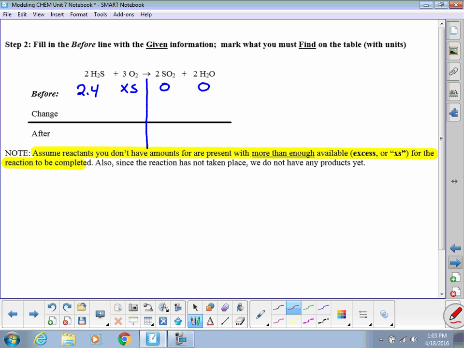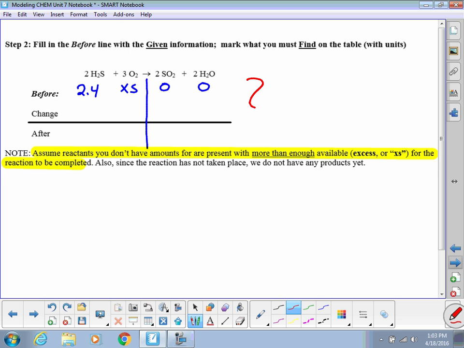And so I've put that number into my table, and it doesn't say anything about the oxygen. Well, this reaction won't work if there's not oxygen present, so therefore we assume that we have an excess amount of oxygen, plenty of oxygen. And since it's before the reaction has started, we have 0 sulfur dioxide and water.